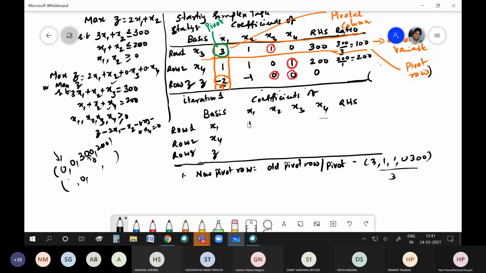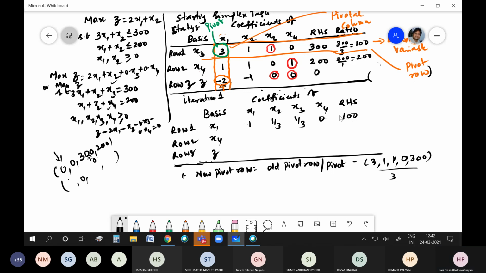When I divide this old pivot row 3 1 1 0 300, each of them by 3, 3 by 3 is 1, 1 by 3 is 1 by 3, then 1 by 3, 0, and RHS will be 100.